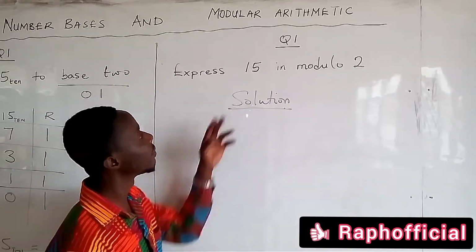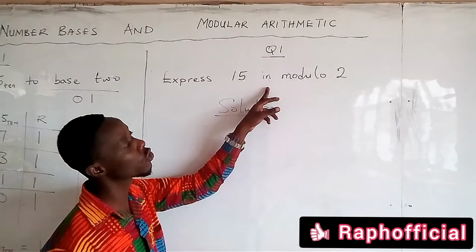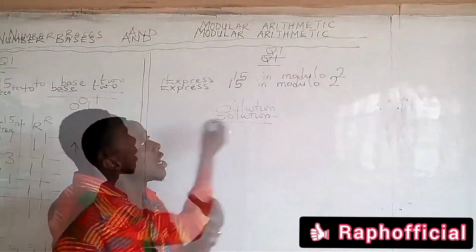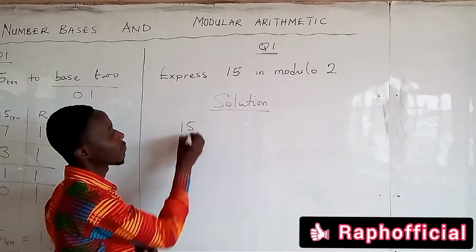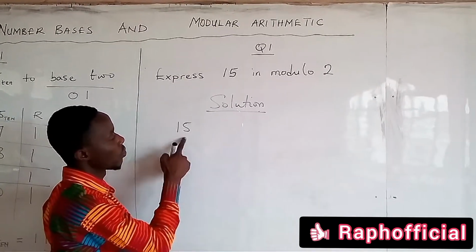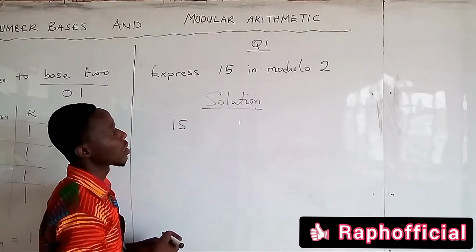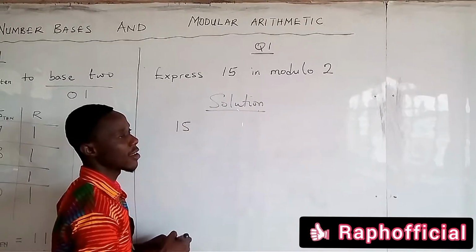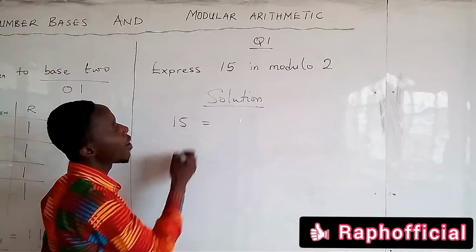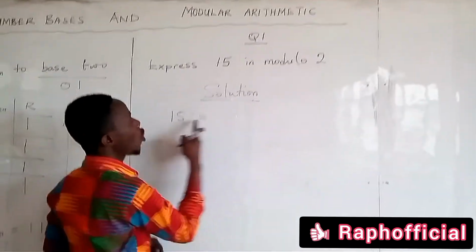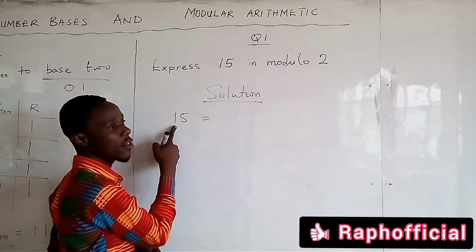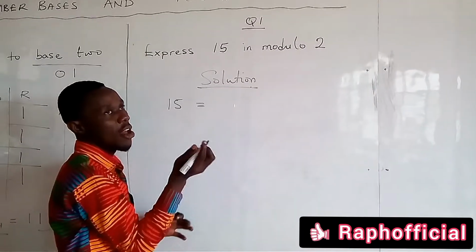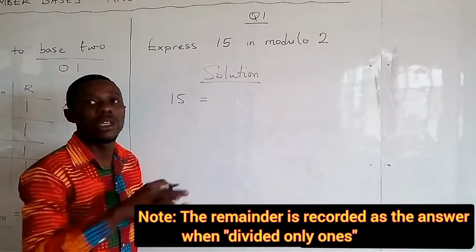Now we are supposed to express 15 in modulo 2. When we are asked to convert, it means 2 goes into 15 how many times? But the number of times is not needed.